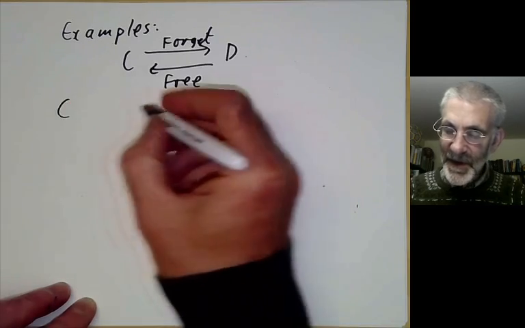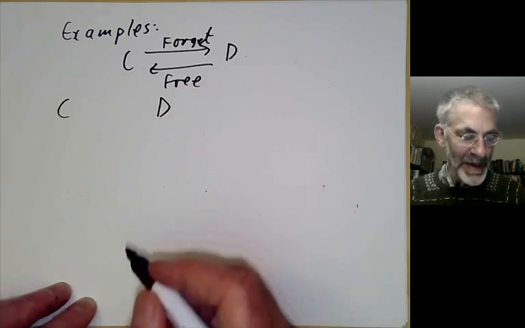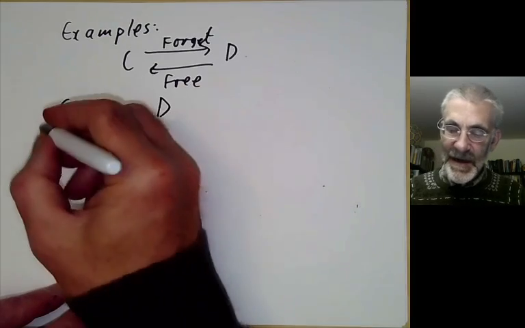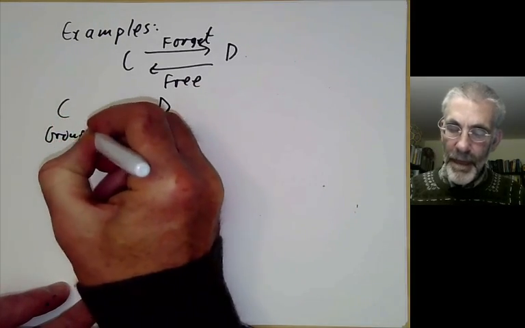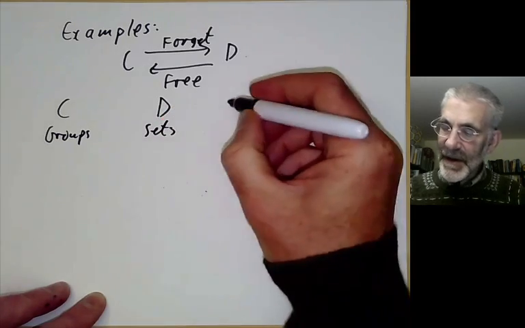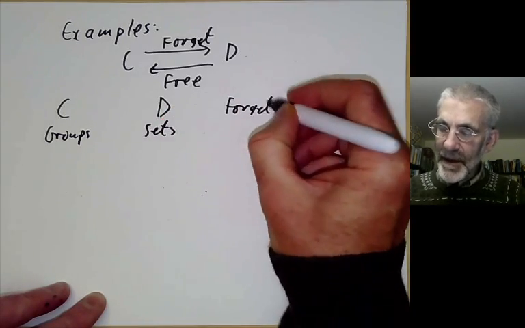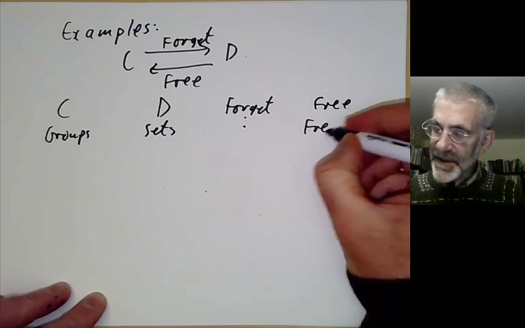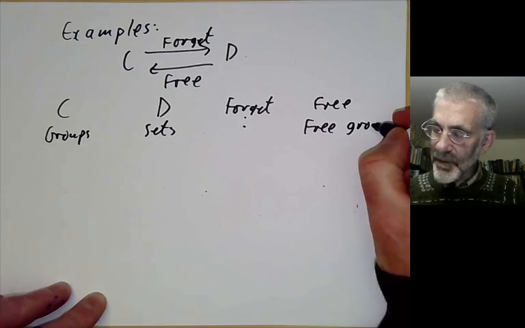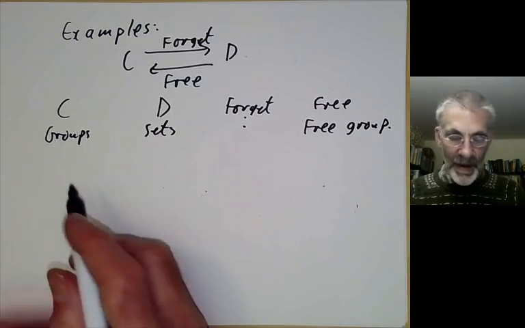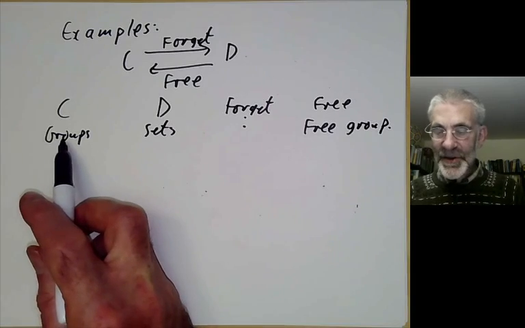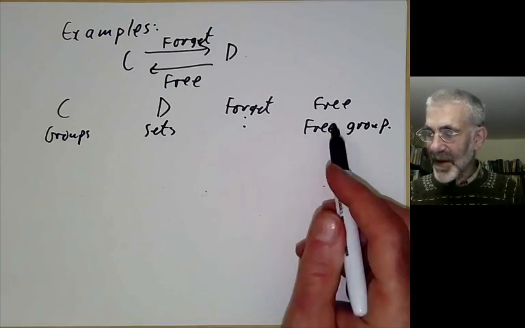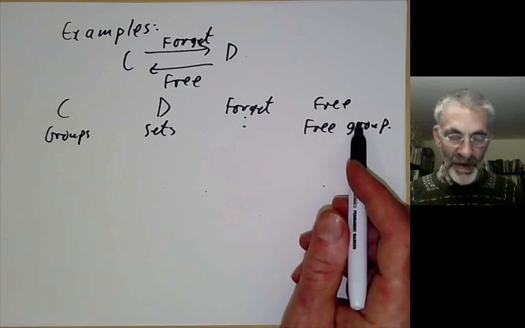So here we're going to list the category C and the category D. If the category C is groups and D is sets, then the forgetful functor is the obvious one, and the free functor here just takes a set to the free group. You can do a variation like take abelian groups here, and then you'll get the free abelian group if you do the same thing.